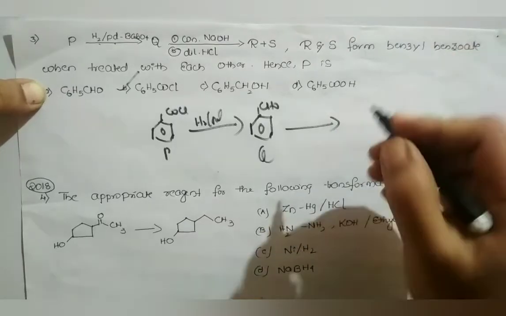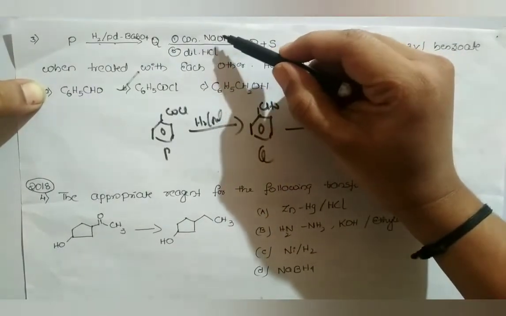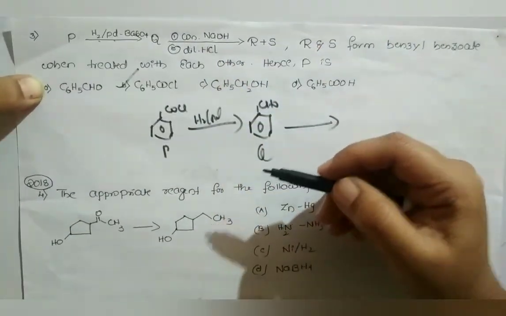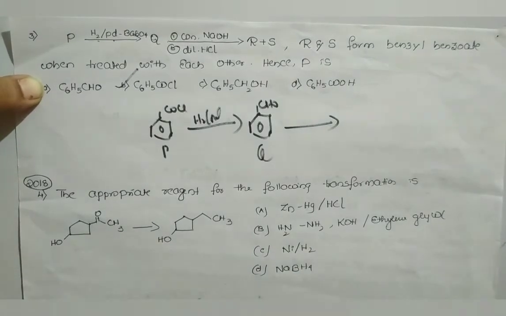Next, they are telling, when it is treated with concentrated sodium hydroxide. Dear students, even this we have discussed in the named reaction video, where any aldehyde, specifically an aldehyde which doesn't have an alpha hydrogen atom, when treated with concentrated sodium hydroxide, results in the formation of the salt of a carboxylic acid and the primary alcohol.